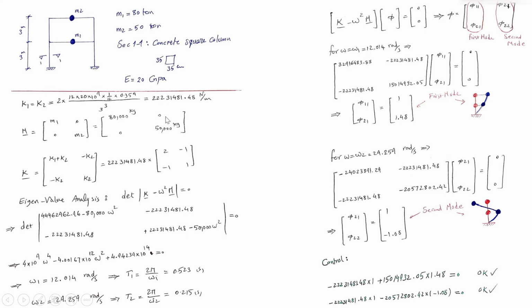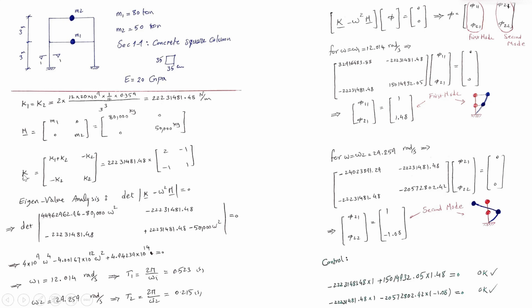And for the mass matrix, you can write it like this: M1 is the mass in the first story, and M2 is the mass in the second story, and these are 0. It's a diagonal matrix. So 80,000 kilogram and 50,000 kilogram, just to comply with the SI units here.